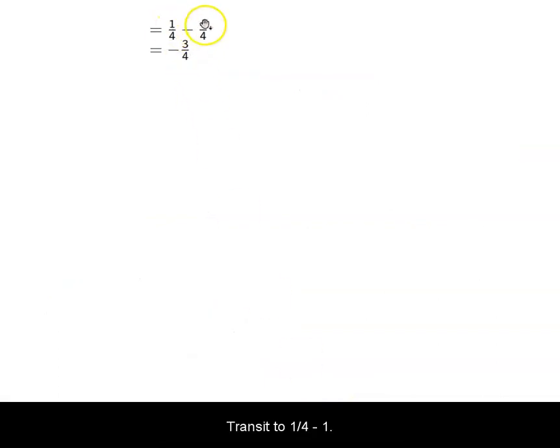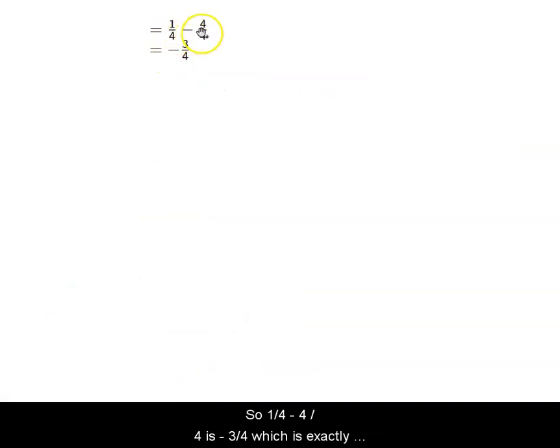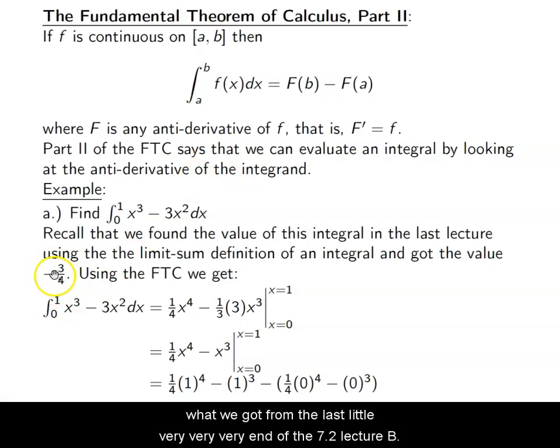Because 1 cubed is 1, and this whole thing goes away to 0. So 1/4 minus 4 over 4 is negative 3/4, which is exactly what we got from the very end of the 7.2 lecture video. Okay, so that's our first integral that we've evaluated.